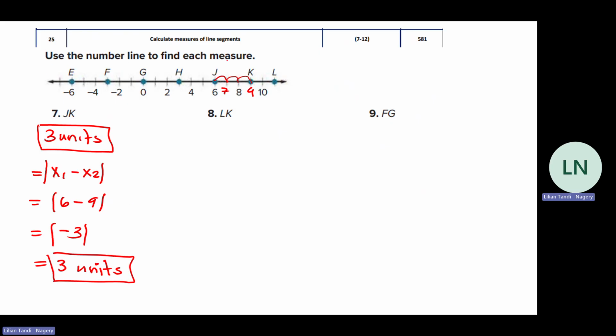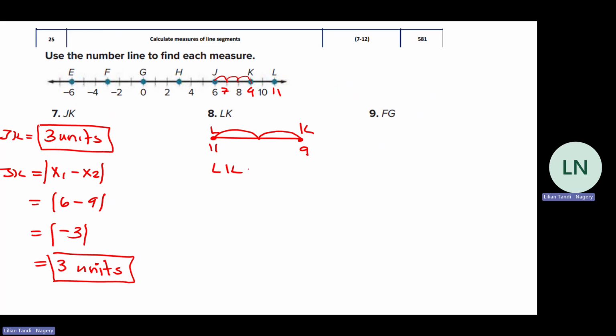Is that what the question said? Use the number line to find each measure. It wants me to go from J to K, in 2 different ways. Okay, let's do L to K. L is 11. I want to go to K. K is 9. 10, 9. Those are 2 jumps.